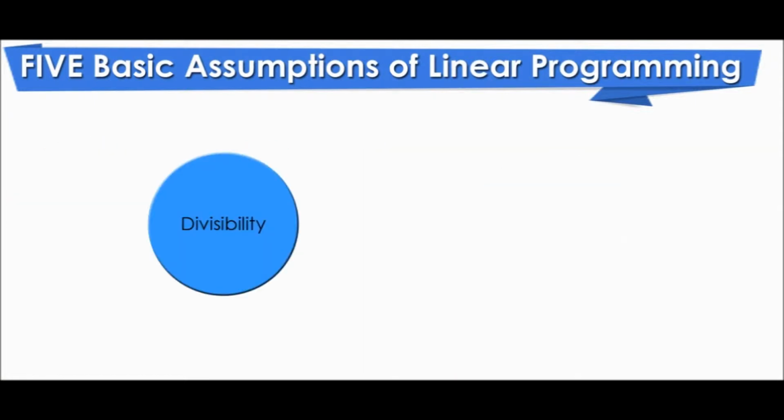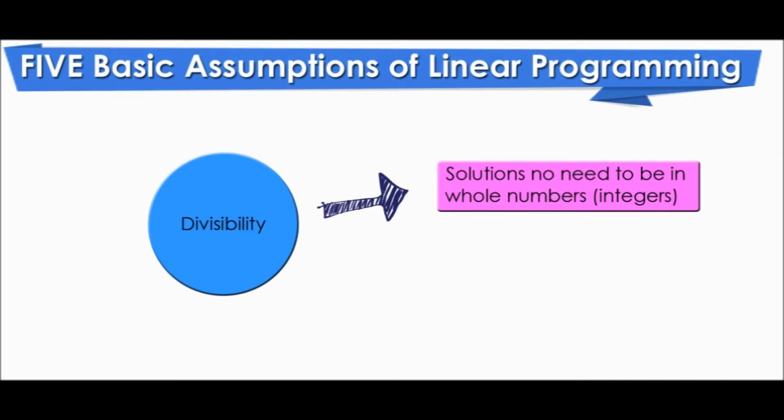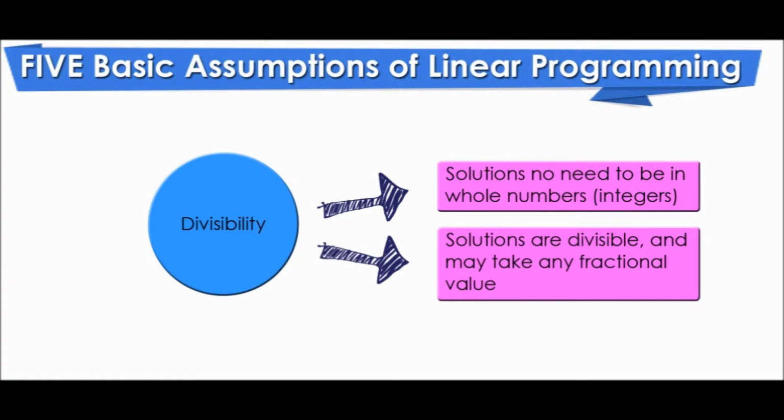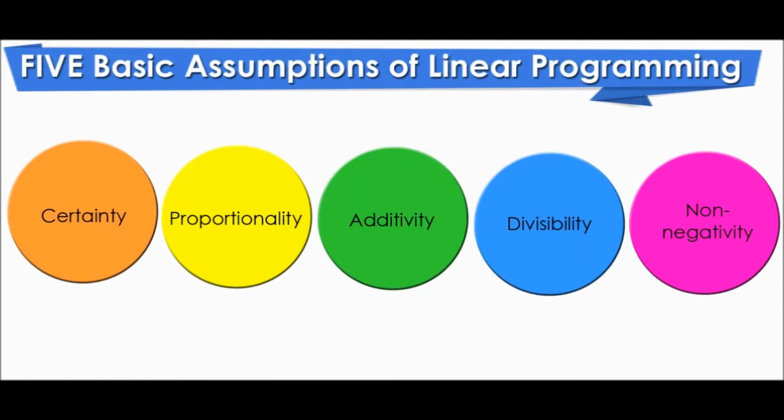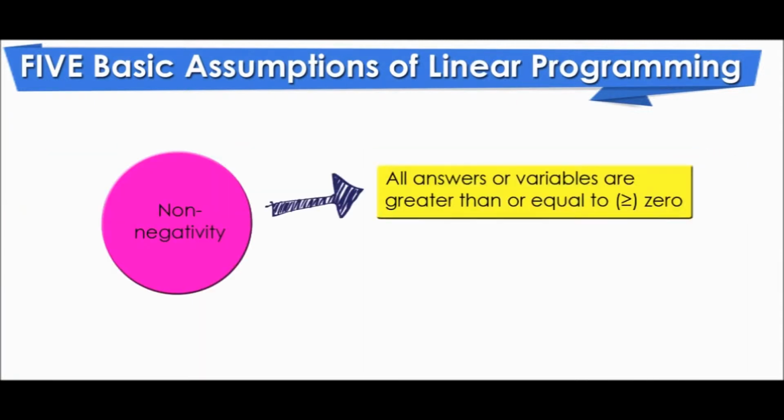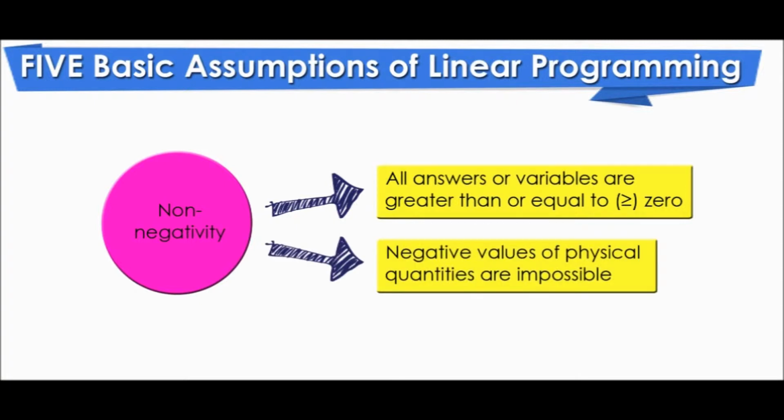In divisibility, solutions need not be in whole numbers or integers. Solutions are divisible and may take any fractional value. For non-negativity, all answers or variables are greater than or equal to 0. Negative values of physical quantities are impossible.